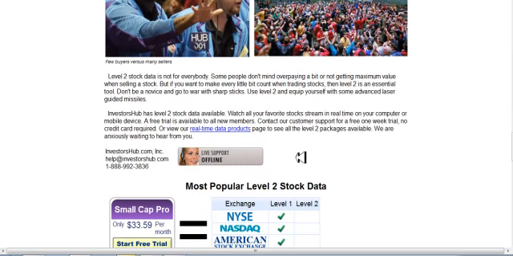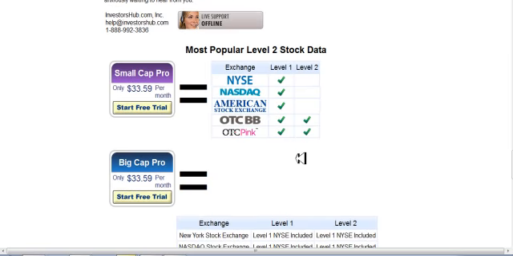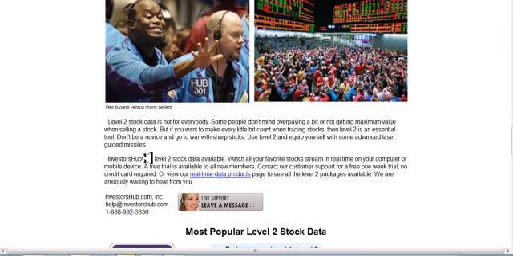It gives you some really great information to make some great decisions off of. Level 2 is not for everybody, as some people don't mind overpaying a bit or not getting maximum value when selling the stock. But if you want to make every little bit count when trading stocks, then Level 2 is an essential tool.